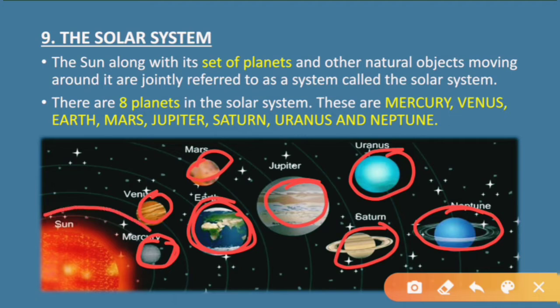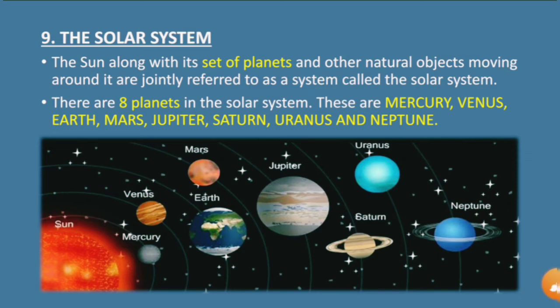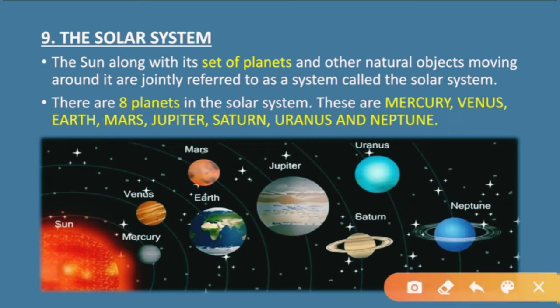Means they will revolve in this line. You can see this line, they revolve around the sun also. So in how many ways can the planets move? The planets can move in two ways. One is, they rotate in their own place, means their own axis, plus they revolve around the sun also.